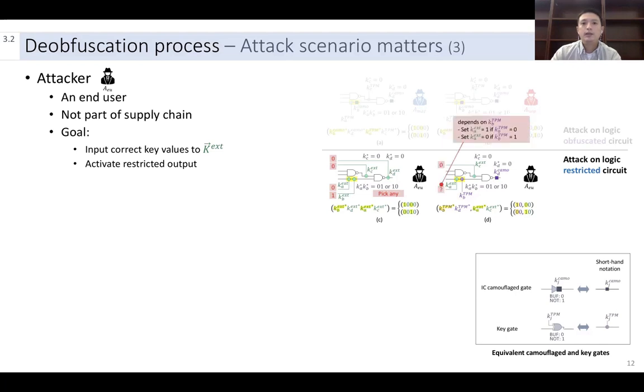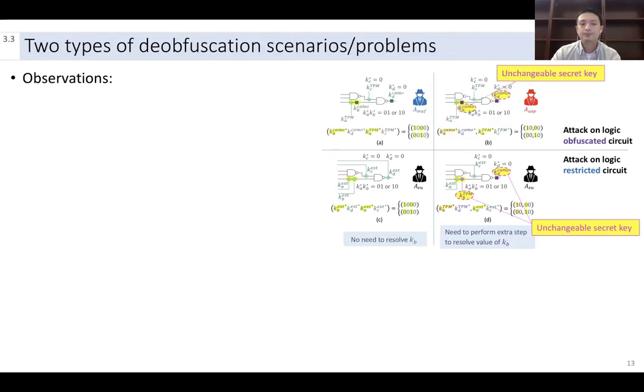However, on the right, KA external needs to be selected accordingly, depending on the internal KB TPM. Similar to what we had before, we need some extra steps for the scenario on the right, but not for the scenario on the left. This again is due to the presence of some unchangeable secret keys, which depend on the attacker capabilities of the scenario.